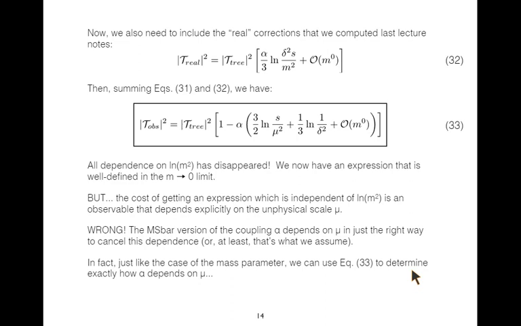The bad thing is that we're left over with some dependence on this unphysical scale, this renormalization scale. And like I said, there's nothing we can do about the log that depends on the angular resolution. But the important thing was that now we can safely work in the massless limit. We just have to make sure we use this MS-bar scheme. We just cancel the poles. Okay.